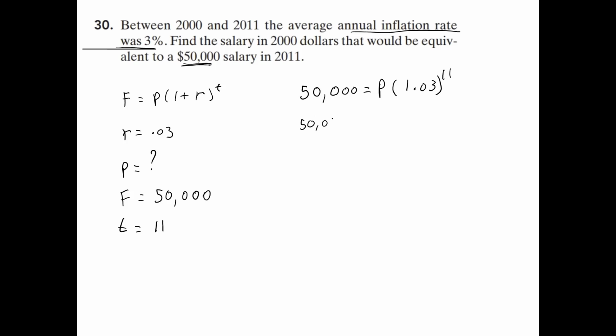Now, again, we can clean this up. 1.03 raised to the 11 is 1.384 rounded off. So 50,000 equals 1.384 times P. And to figure out what P is, we simply divide both sides by 1.384.